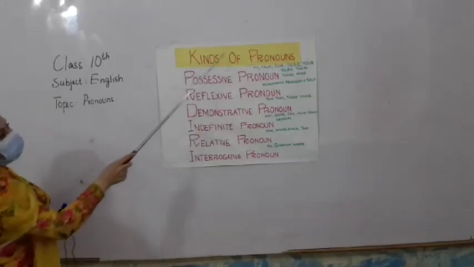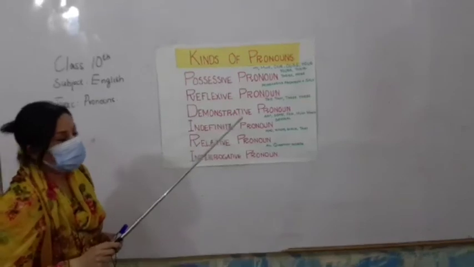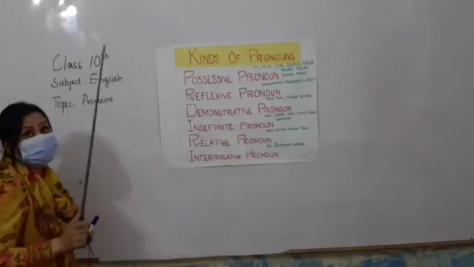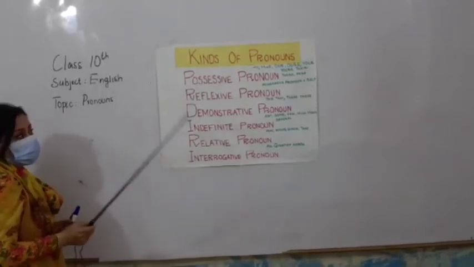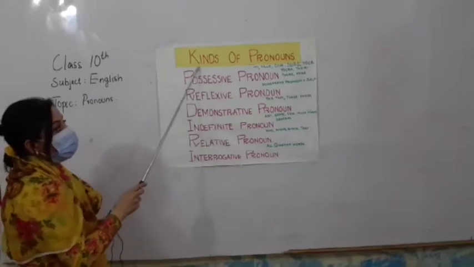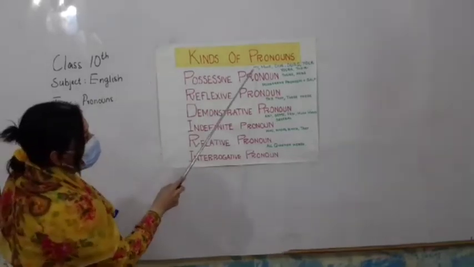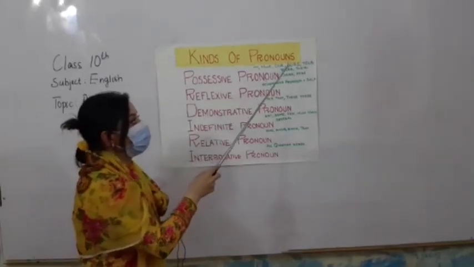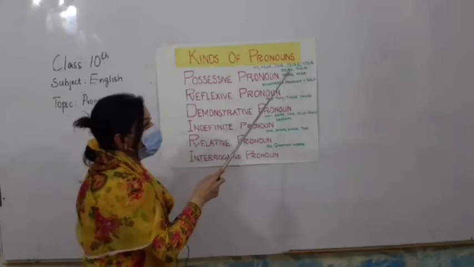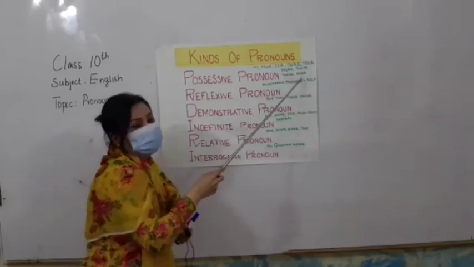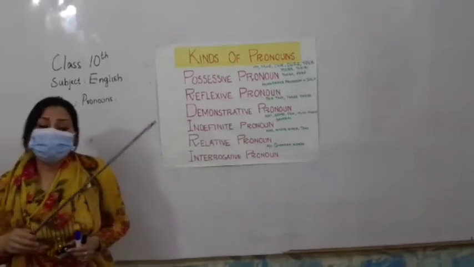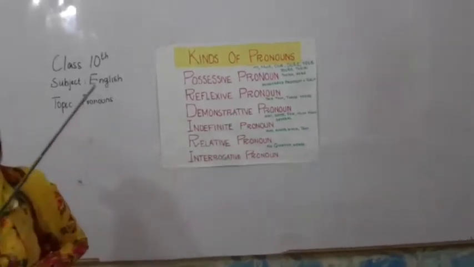So, kinds of pronouns. The first kind of pronoun is the possessive or personal pronouns. Possessive or personal pronouns are usually pronouns like my, mine, our, ours, your, yours, their, theirs, hers, and many more. They change form in the first person, second person, and third person.